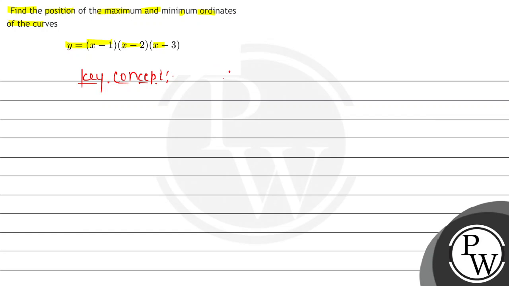First of all, we need to understand the critical point. The critical point is the point where the slope of the curve is equal to 0.